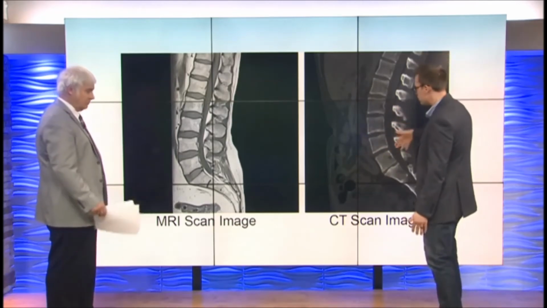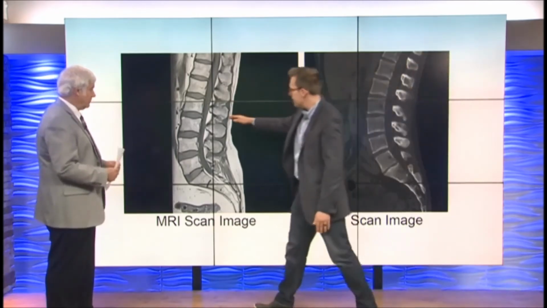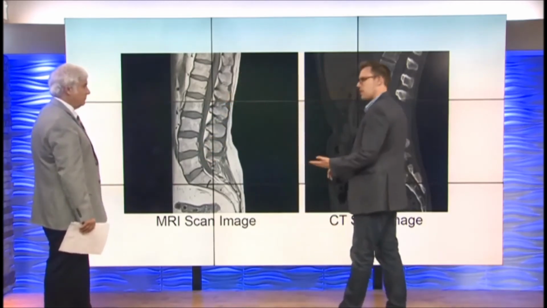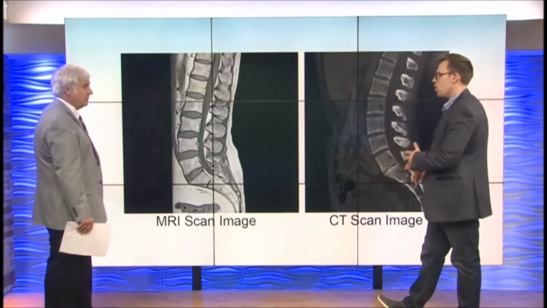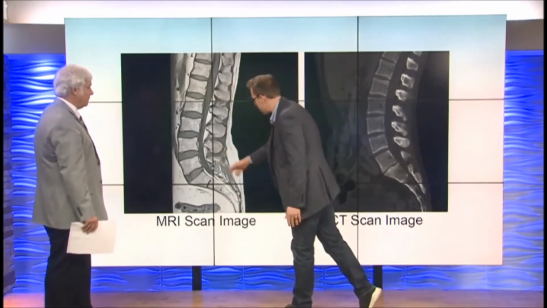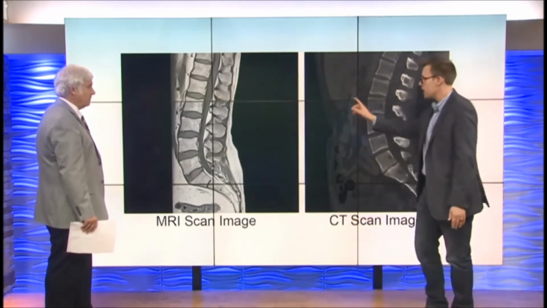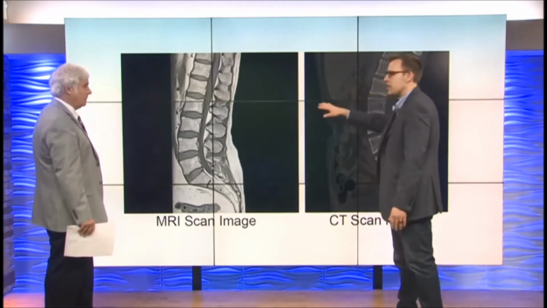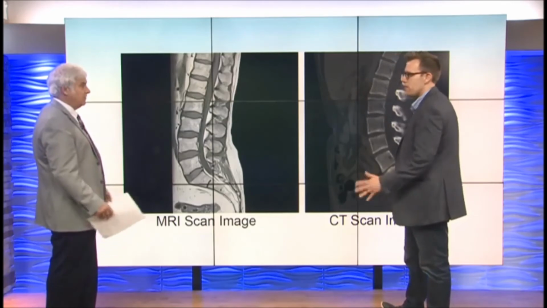So we have bones of the spine, we have the disc, which is often what we use this for. MRI is better for disc pathology, herniated disc, or acute trauma. It also evaluates the spinal cord and the spinal column better. We see it here, but again, greater detail, what we call signal to noise ratio. It's better signal and better detail for us to read for the smaller structures.